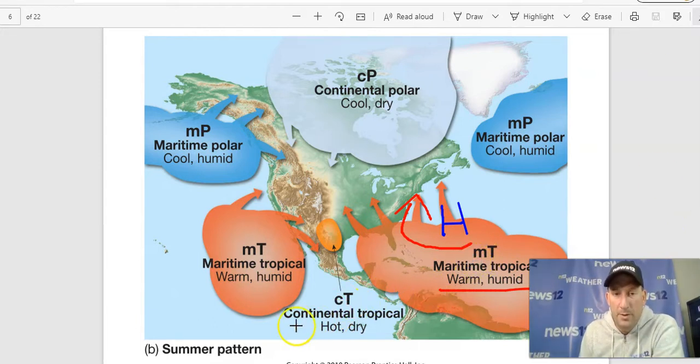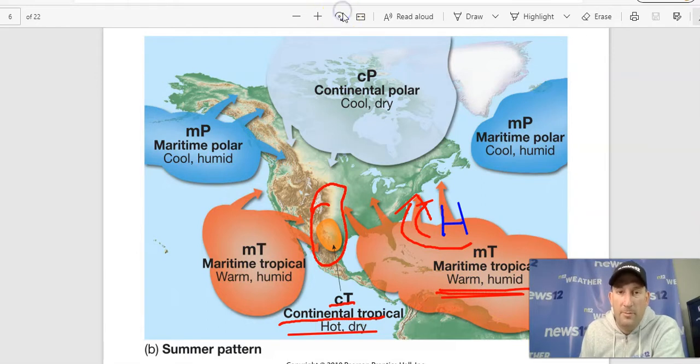Okay? The really hot scorcher days where it's dry, that only really occurs in the plains where they can get temperatures 110, 115 degrees. Continental tropical, that's a hot and dry air mass. Only happens during summer. In our summer, our predominant wind flow is from the southerly direction, and most of our summer on Long Island, we get warm and humid air masses.